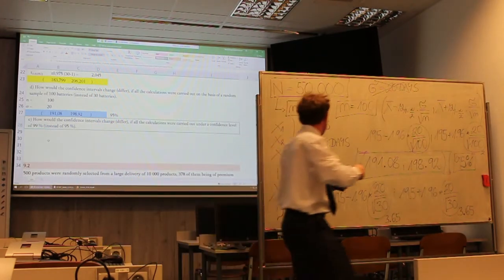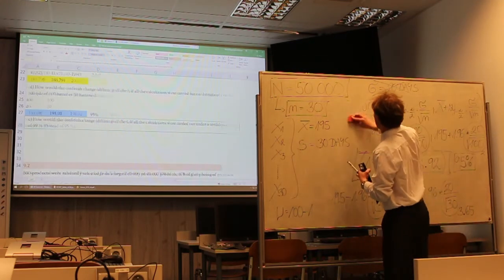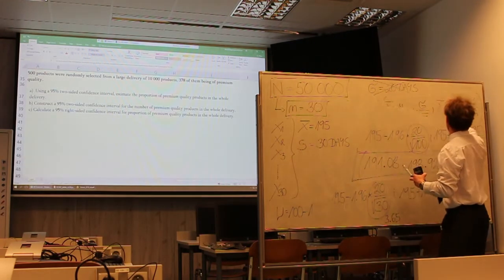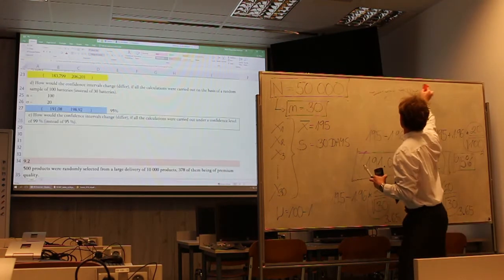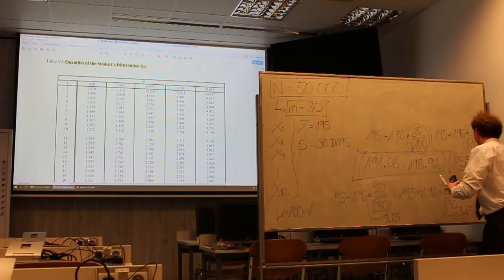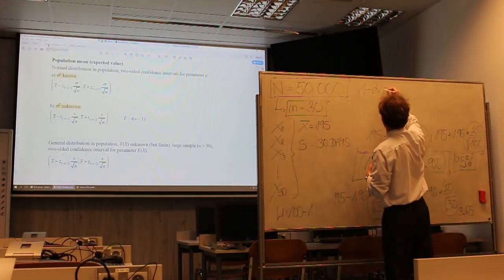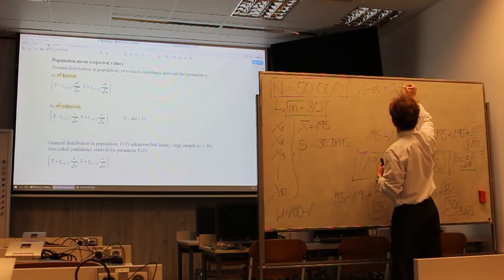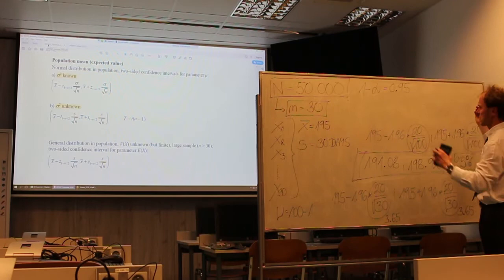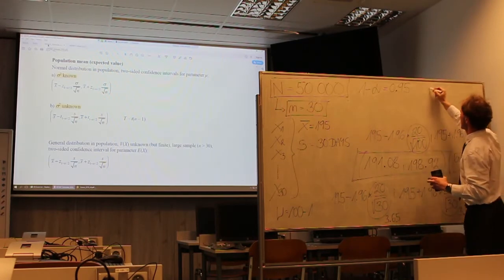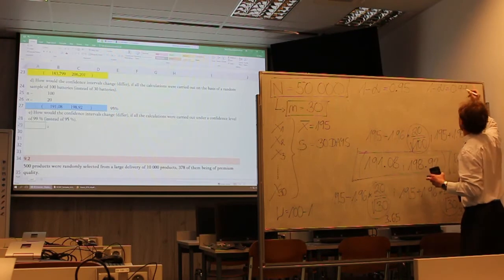So, confidence level. I will clean the whiteboard. You know that we used confidence level 1 minus alpha equal to 0.95, 95% confidence intervals. And now we are using 1 minus alpha equal to 0.99.